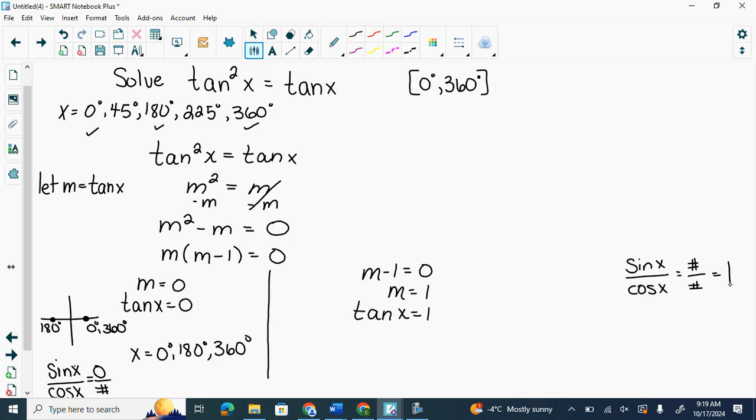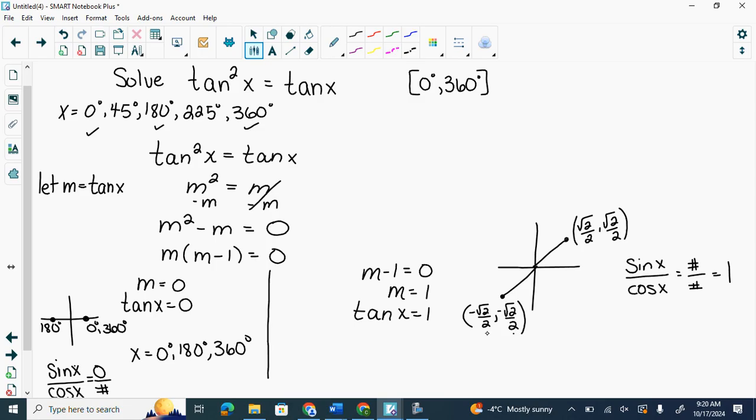At 45, we have root 2 over 2, root 2 over 2, so when I divide those, I'm going to get 1. At 225, I have negative root 2 over 2 divided by negative root 2 over 2, which is also 1.